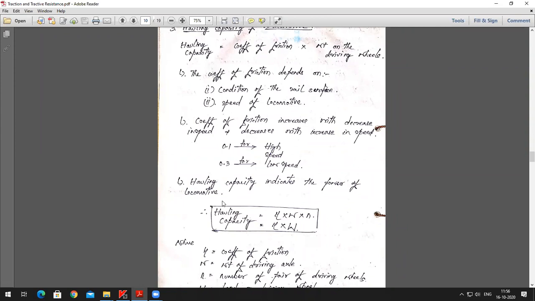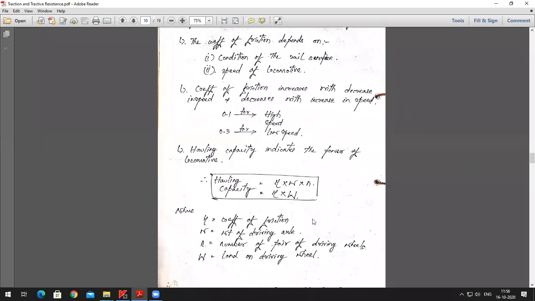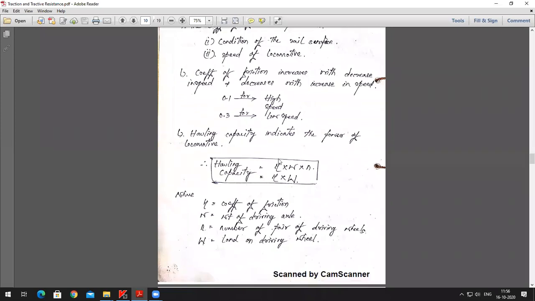So the hauling capacity is now equal to mu into w into n. This mu is the coefficient of friction, and this w, small w, is the weight acting on the driving axle, and n, small n, is the number of pairs of driving wheels in the system.